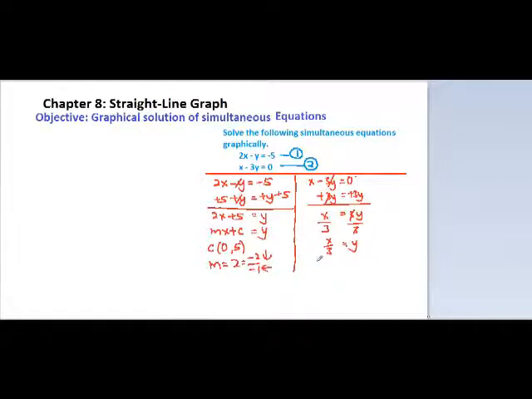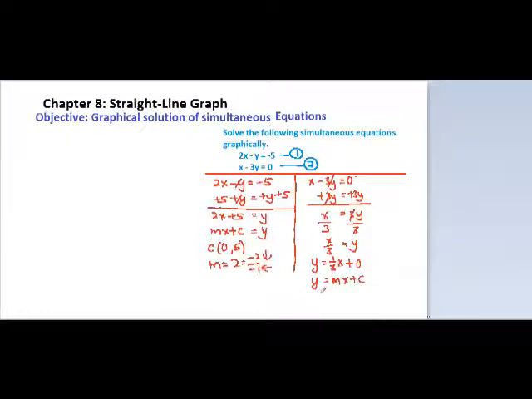This can be written as y equals 1 over 3 x plus 0. The 0 was ignored just now. So now I resume the value because this is the gradient intercept form.